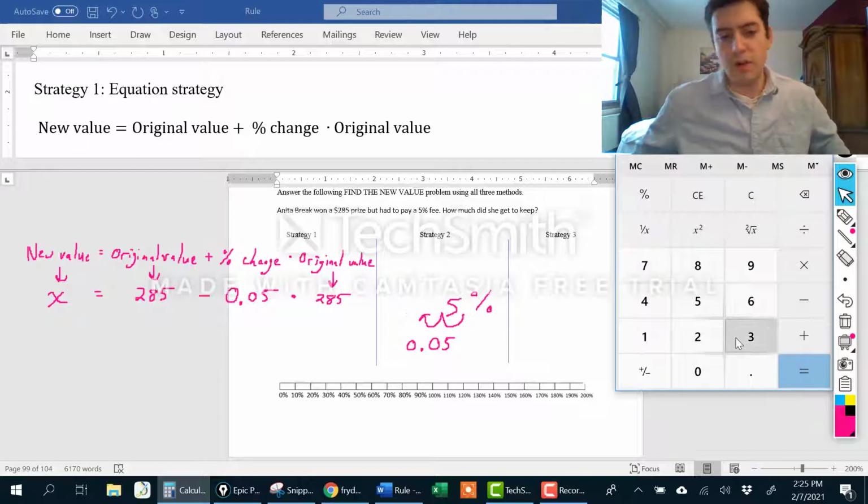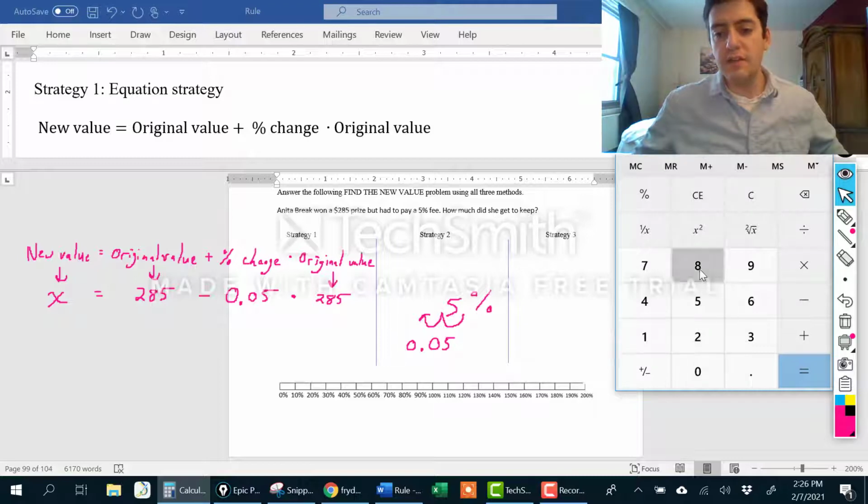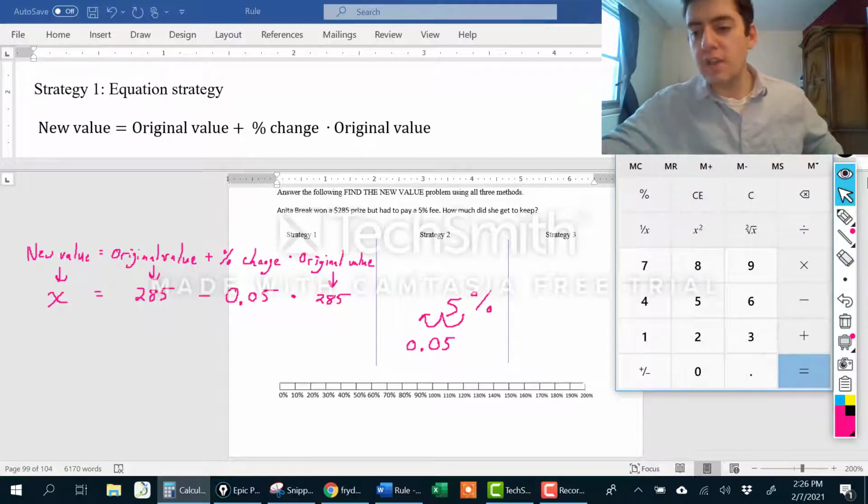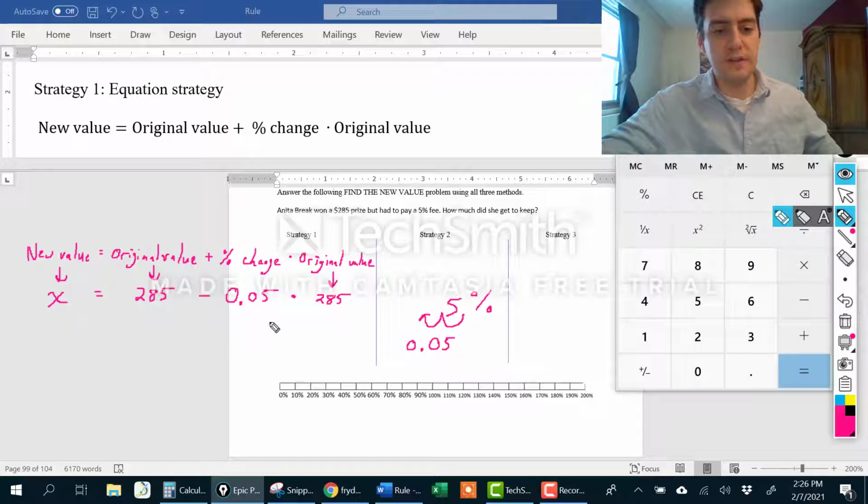You could do it by hand, or I don't mind if you use a calculator. I'm going to use a calculator here. So 0.05 times 285 is 14.25. Okay, so we have x equals 285 minus 14.25.